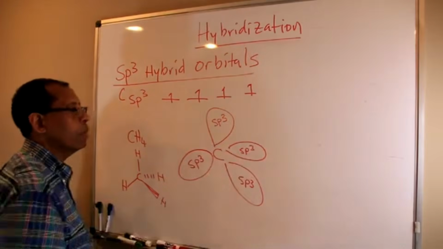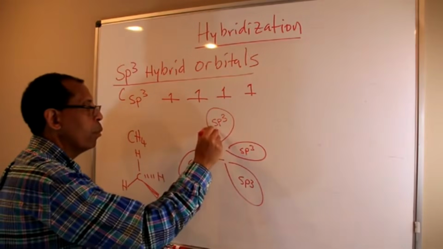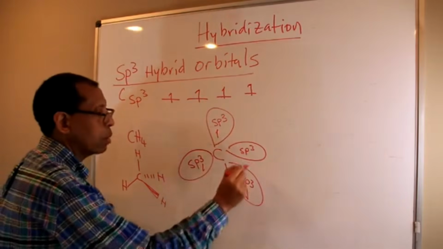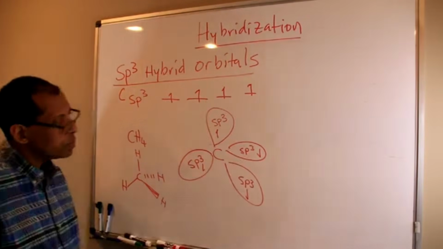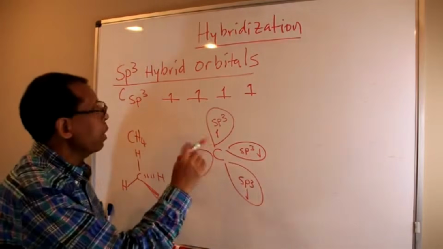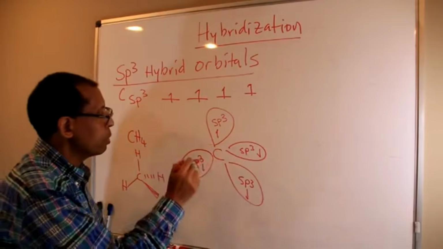There are 4 of them. Each one of them has 1 electron, 1 electron, 1 electron, 1 electron. So this is basically what you see in sp3 hybrid orbitals.